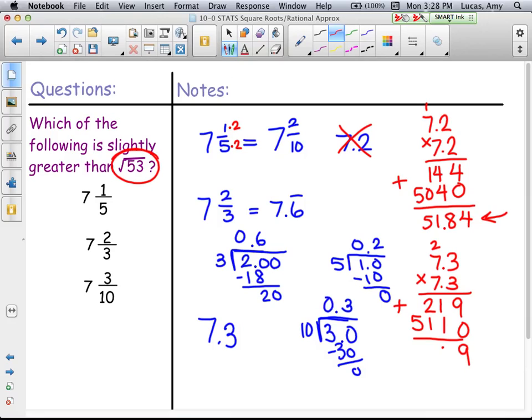So 9, 2, 3, 5. We found our answer. 53.29 is a little bit bigger than 53. So my answer is 7.3, which is 7 and 3 tenths. So I converted them all to decimals, and then I multiplied them by themselves to see what it's closest to.